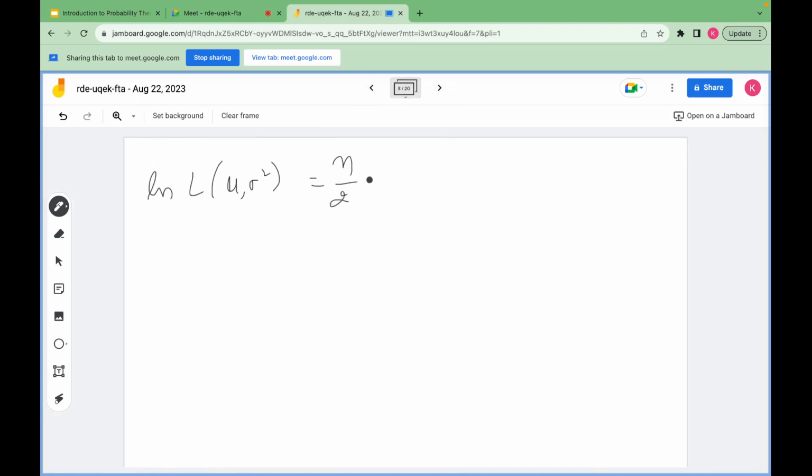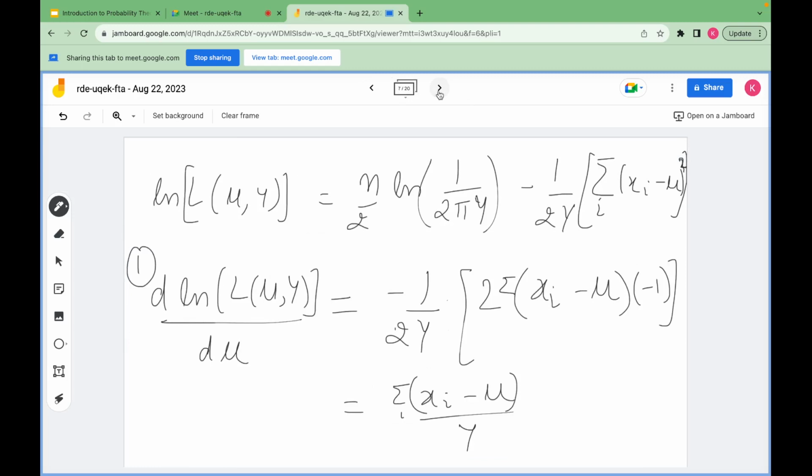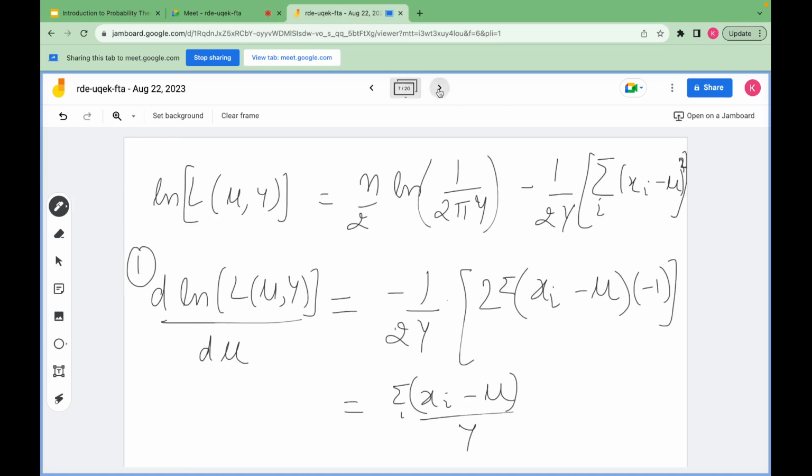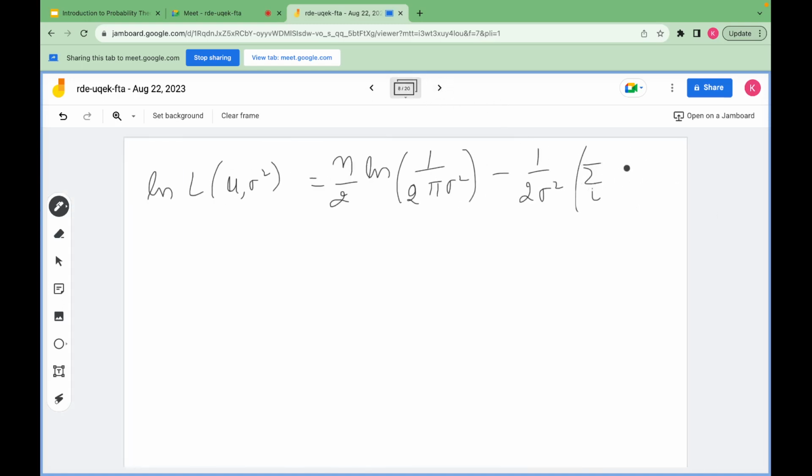This was n by 2 ln 1 upon 2 pi minus 1 upon 2 sigma square summation of (xi minus mu) whole square. Now we can just separate these two quantities as well, right?